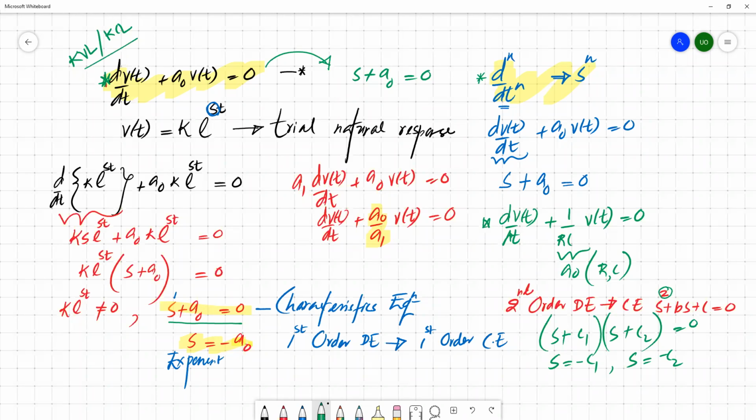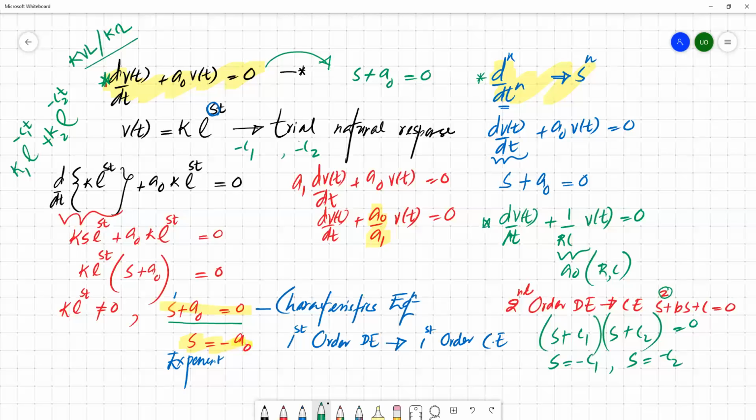That means we have two exponential terms. The exponent of the first trial solution would be minus c1, and the other one is minus c2. So you have k1 e to the power minus c1t plus k2 e to the power minus c2t. If it is a second order differential equation, you may have a sum of two exponential terms.